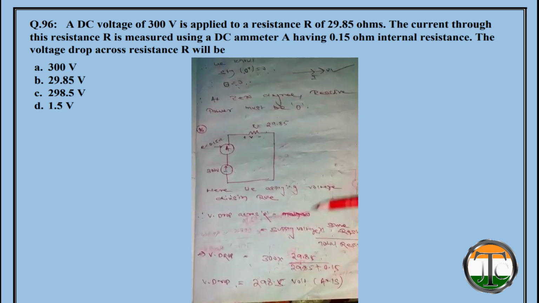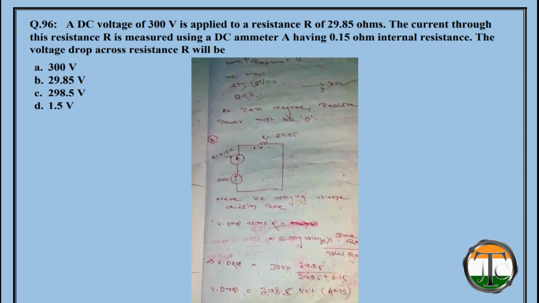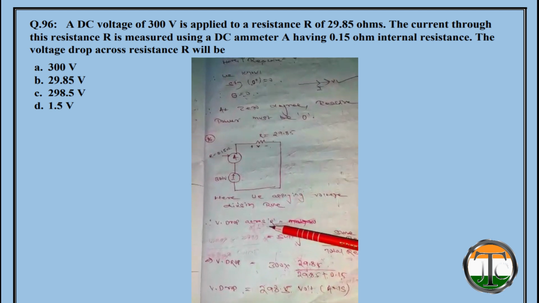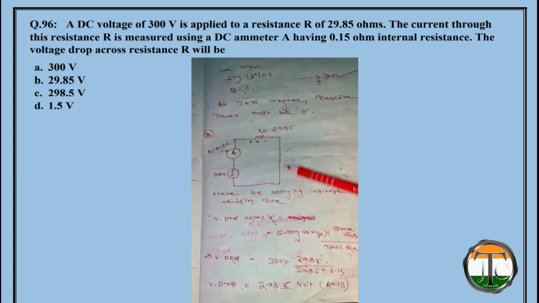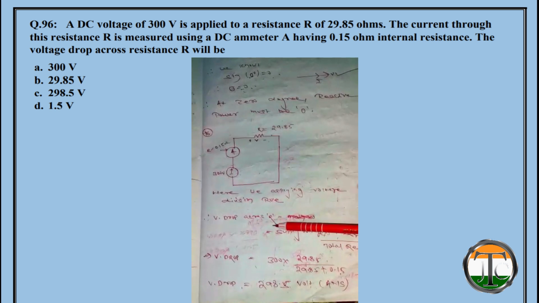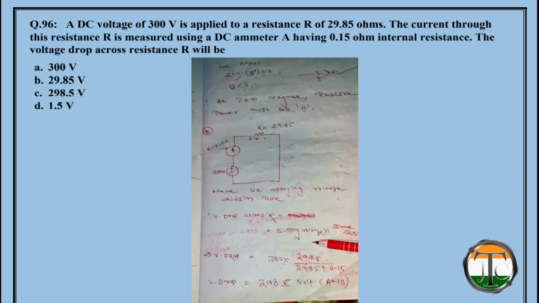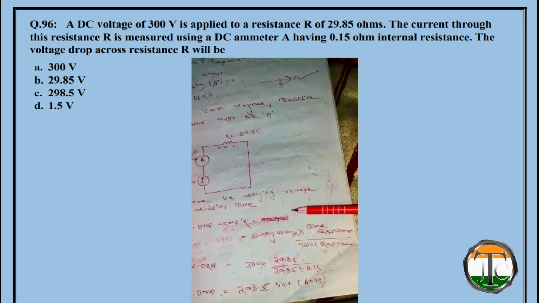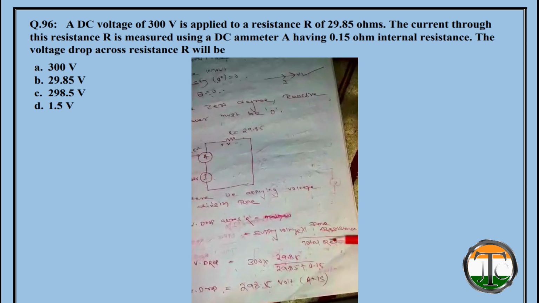What will we do? Here we put the voltage division rule. What is the voltage division rule formula? The voltage drop across R, this R, is the supply voltage times the same resistance, the one whose voltage we are finding, divided by the total resistance.